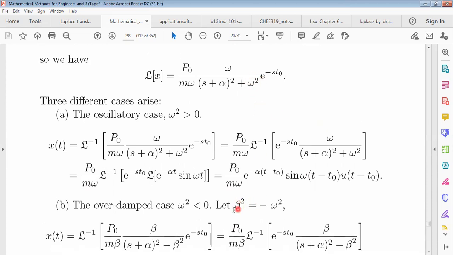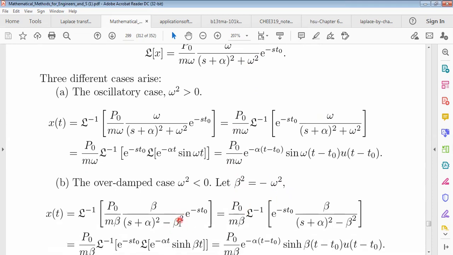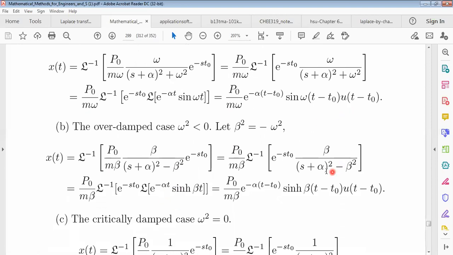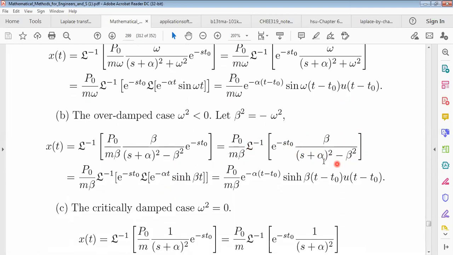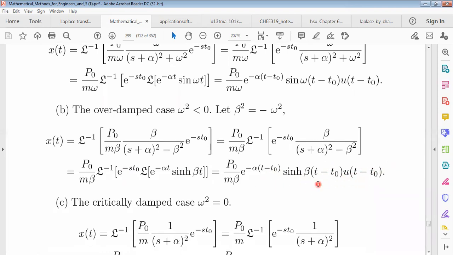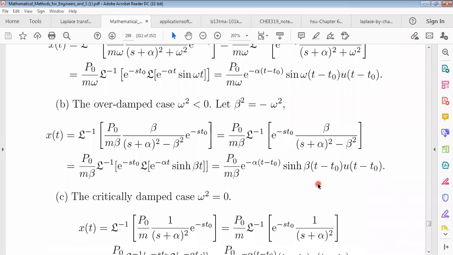We are considering beta square equal to minus omega square, so all are the same. Then the Laplace transformation of this one will be e to the power minus alpha t sine beta t. Then the inverse Laplace transformation of this can be written as before, just putting b equals beta.